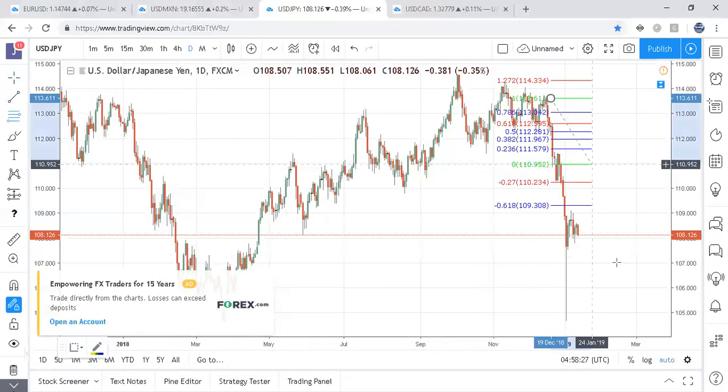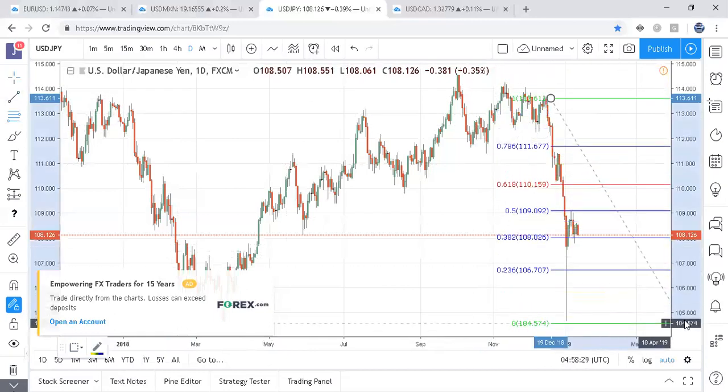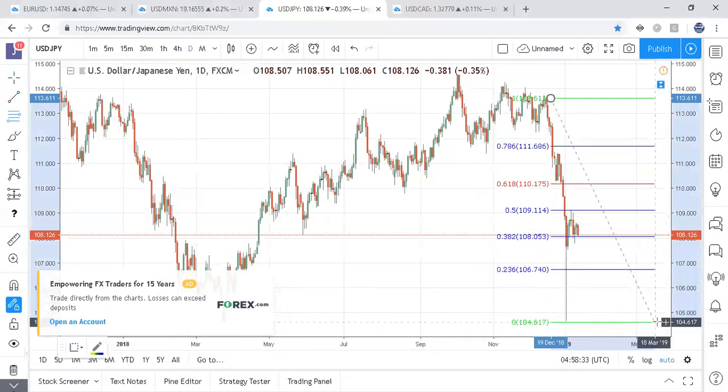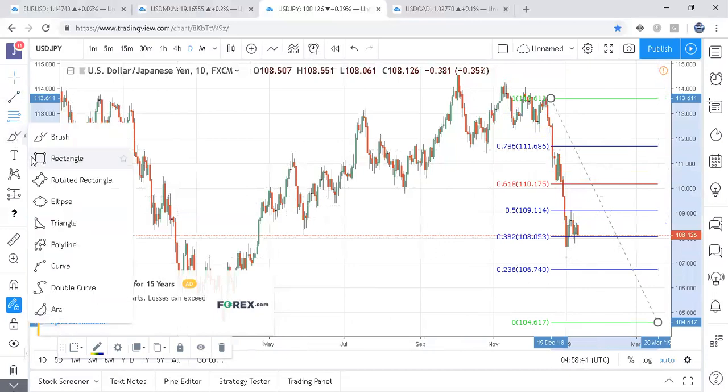if it does that retracement, it would end up being, okay. So, yeah, that's the zone.